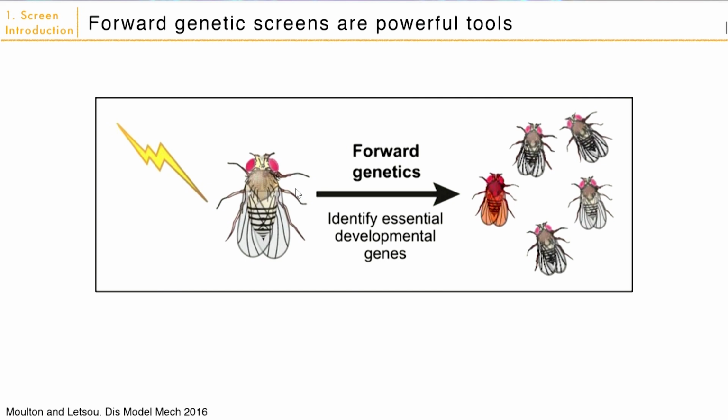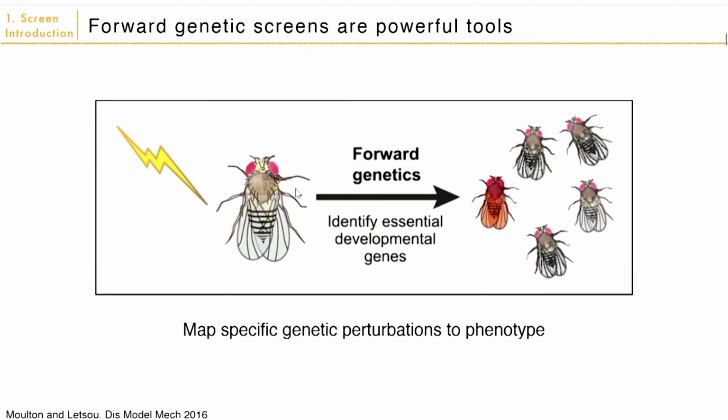Then they would go back and figure out which genetic perturbations in the fly of interest led to that phenotype. So basically, forward genetic screens are very powerful tools for mapping specific genetic perturbations to phenotype.